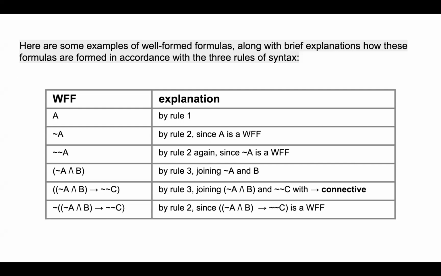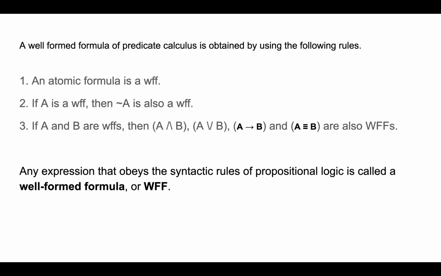And if both are well-formed formulas, that is A and B, then A and B, A or B, A conditional B, and A biconditional B. Then the first formula taken here is A. Explanation is by rule 1. We know here that rule 1 says an atomic formula is a well-formed formula.